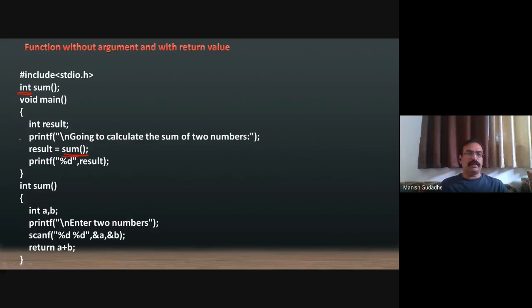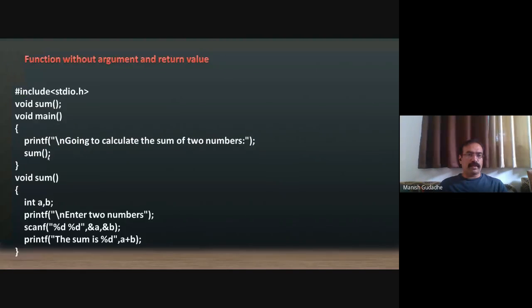In this case, if it is returning an integer, an integer container will be defined for it. Unlike the previous program, here sum is directly called and there is no collection of any variable.